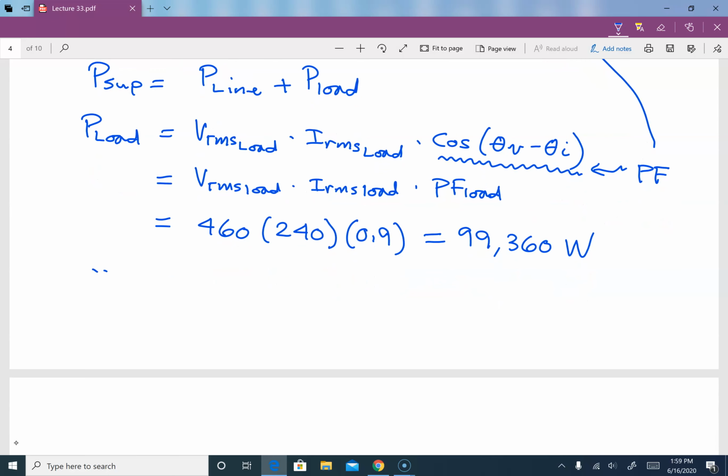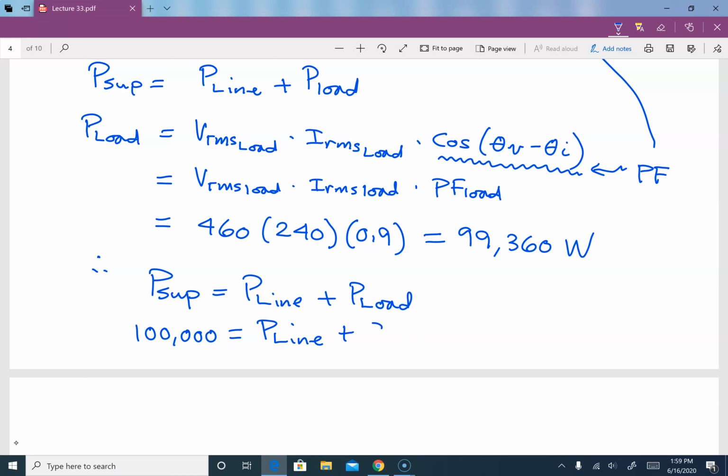Therefore, since P supplied is equal to P line plus P load, P supplied is 100,000, P line we don't know, and P load is 99,360.